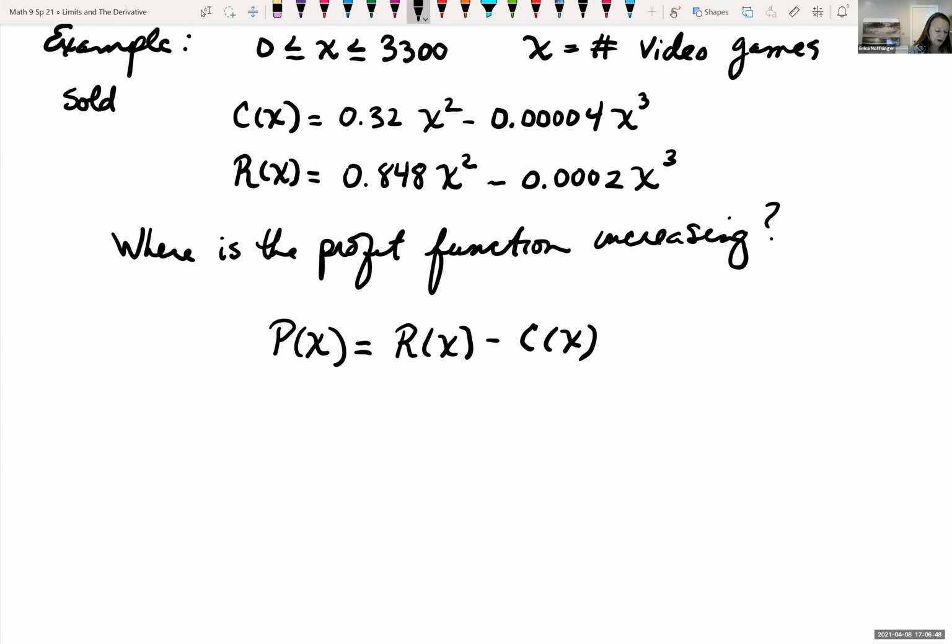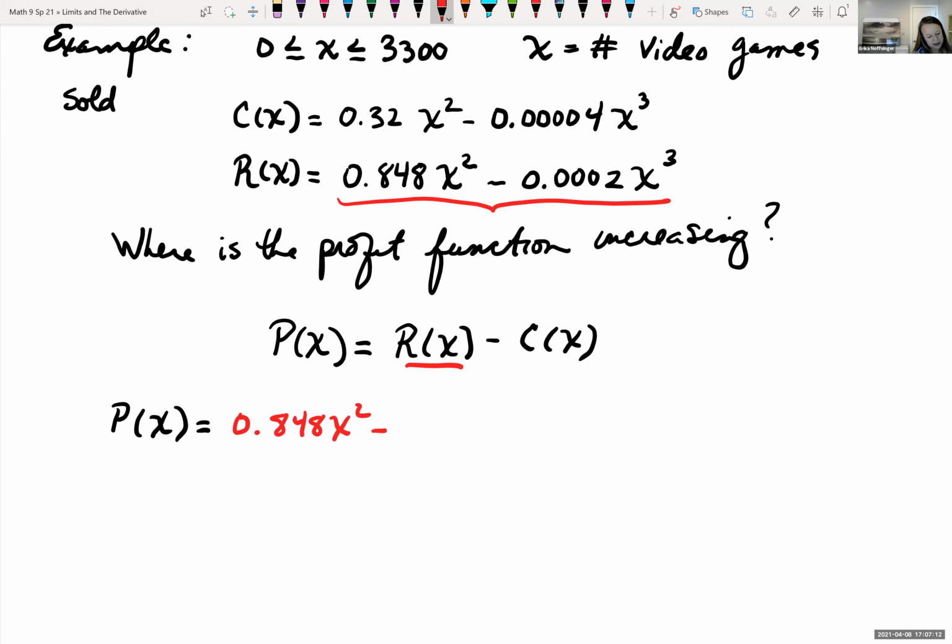We can find our profit function because we're given our revenue function and our cost function. So our profit function is R of X, so we're going to look at this function here. This is 848 thousandths is how I would read that decimal, X squared minus, and what is that?